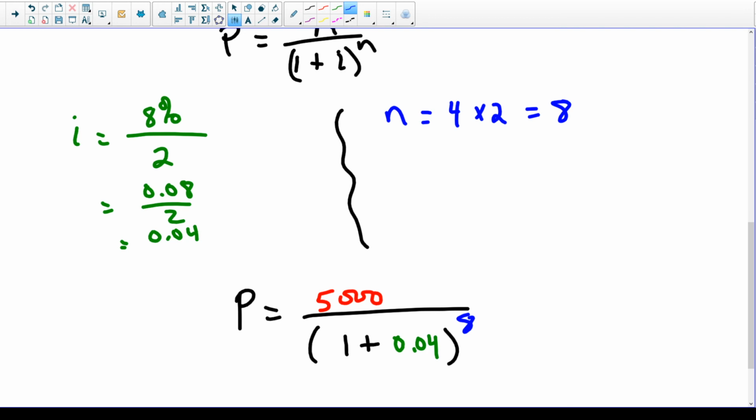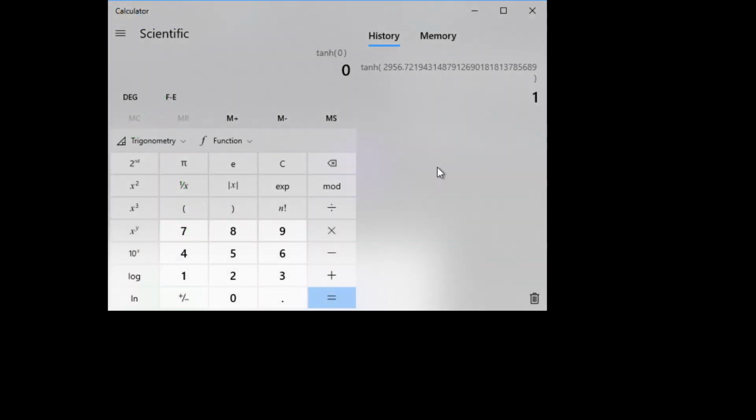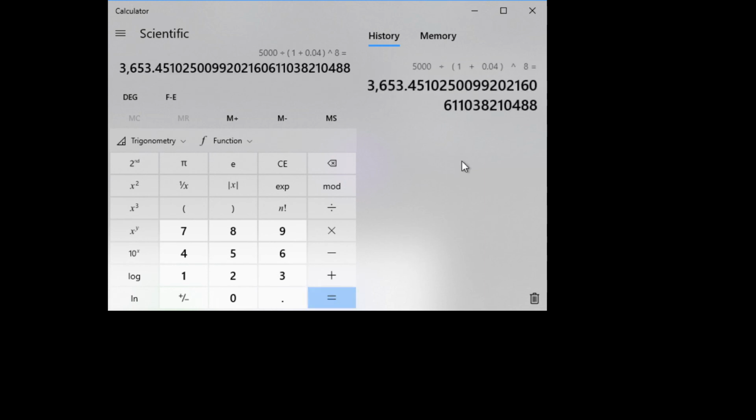So we're going to use our calculator to do that. I'm just going to clear out the calculator here, so we're starting from scratch. Okay, so we've got 5,000 divided by bracket 1 plus 0.04 bracket to the power of 8. And that gives 3,653.45.